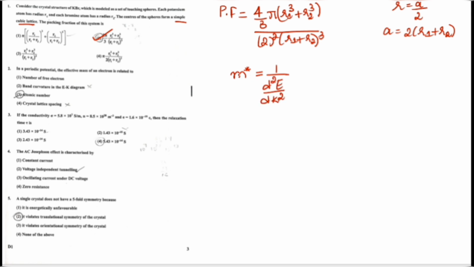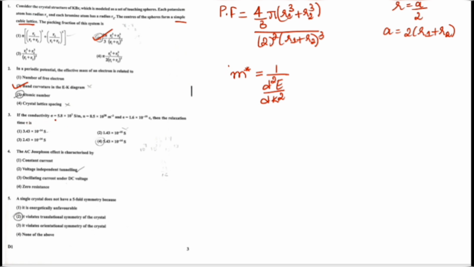This is the relationship between m, E and k, that is the energy and k graphs we have. So I can go with option B, that is the band curvature in the EK diagrams. That is the right answer. This was an important formula in EK representations of curves, or EK diagrams you can call. Okay, let us move to the next question.